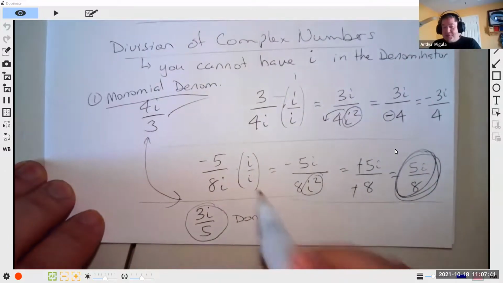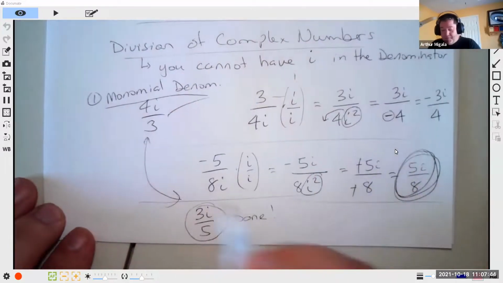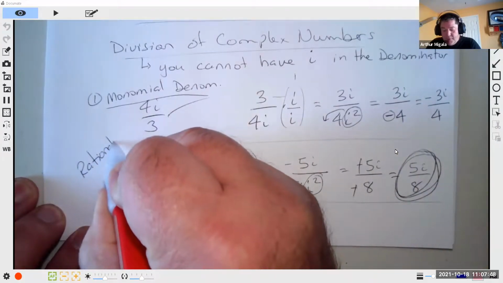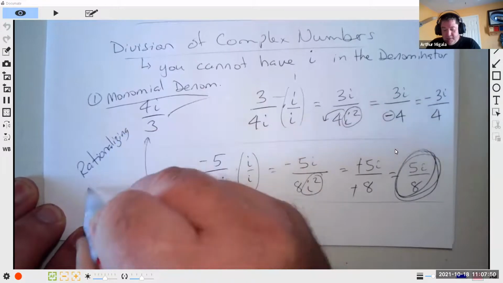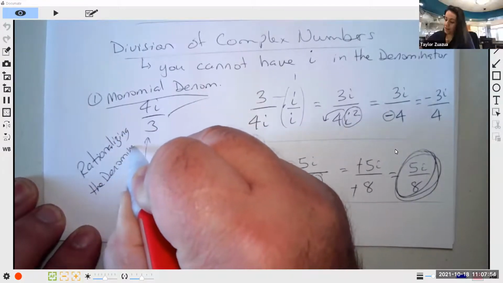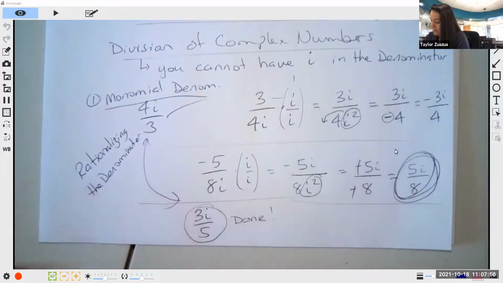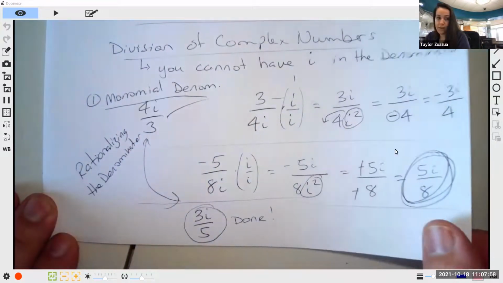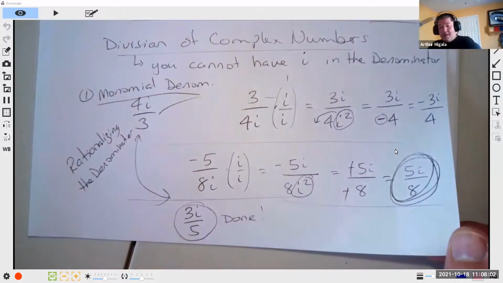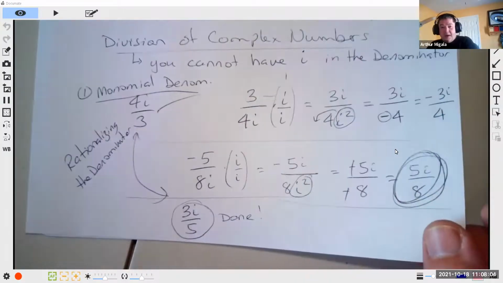This is what's called, when you get rid of the i on the bottom, rationalizing the denominator. We're fixing the bottom. So that does it with only one number, monomials on the bottom.